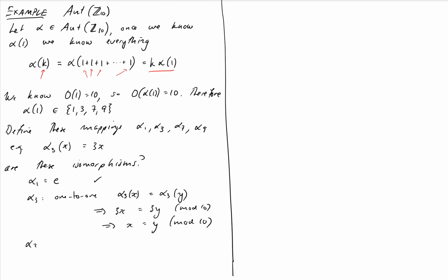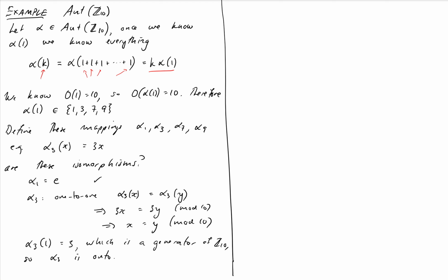Now alpha 3 of 1 is equal to 3, which is a generator of Z10. So alpha 3 is therefore onto. This is because I can get every element of Z10 as some multiple of 3, and the k, the multiple of 3 that you take, is the k that goes before the alpha to make the element that we want.